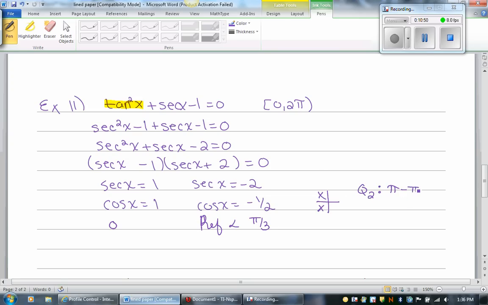Quadrant 2 is going to be pi minus pi over 3. Quadrant 3 is going to be pi plus pi over 3. Again, you're going to want to make sure you use the common denominator. So 3 pi over 3 minus 1 pi over 3 is 2 pi over 3. And 3 pi over 3 plus 1 pi over 3 is 4 pi over 3.